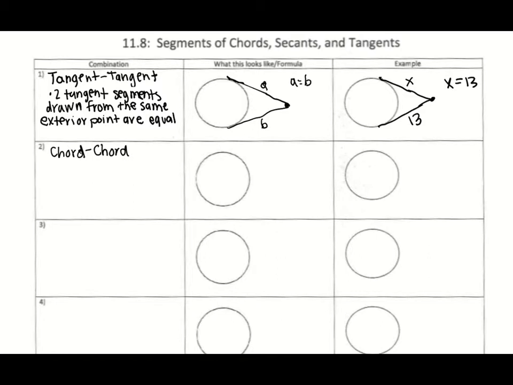And with chord, chord, this means that the product of the measures of the one chord equals the product of the measures of the other chord.